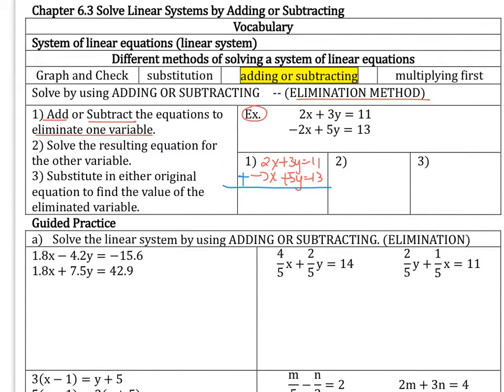So 2x plus minus 2x will become 0. Plus 5y plus 3y, so 8y. And positive 13 plus 11 would be 24.